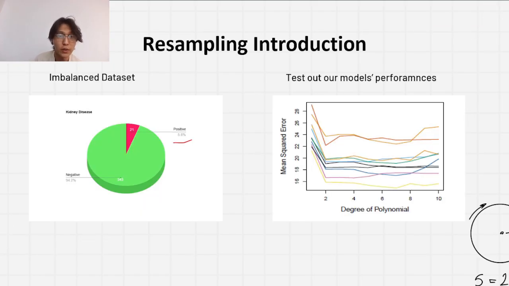So why do we need resampling? Firstly, when we have an imbalanced data set, let's say we have only 5% case of positive kidney disease cases and others are negative. So in order to avoid overfitting the data and in order to not neglect the cases, we must use resampling to get some better computation and to also test out our model's performances.